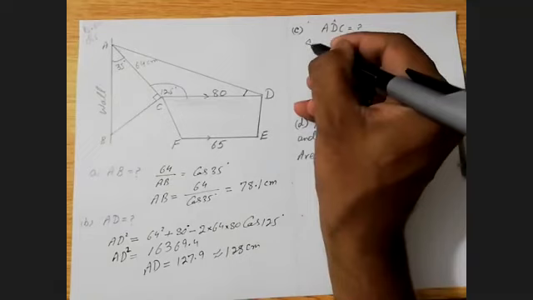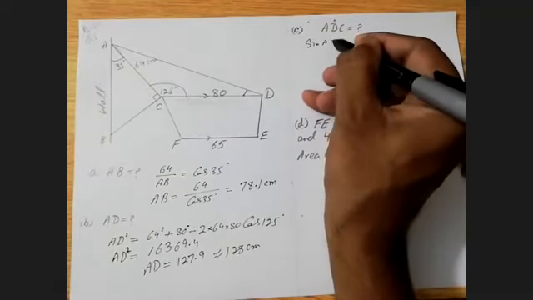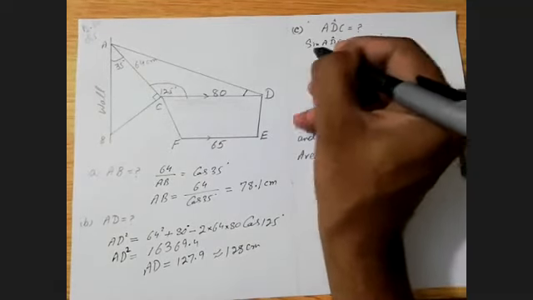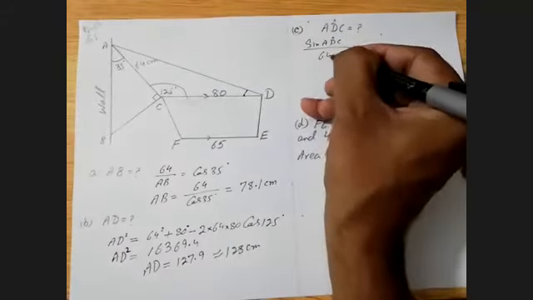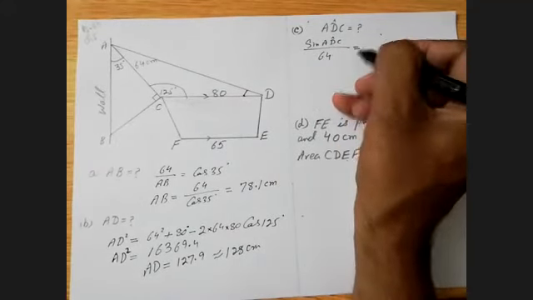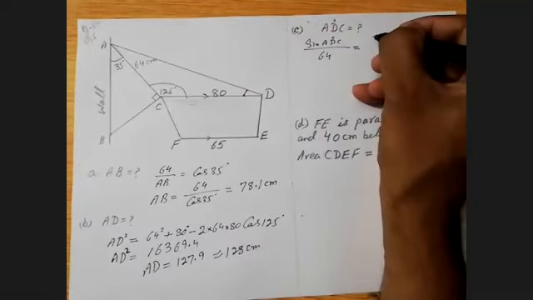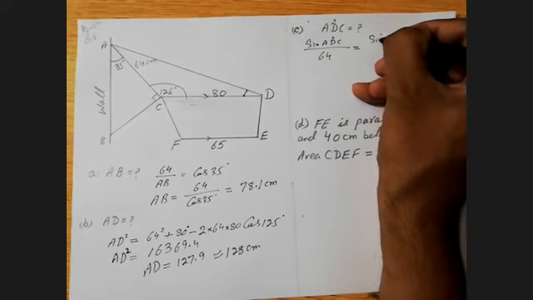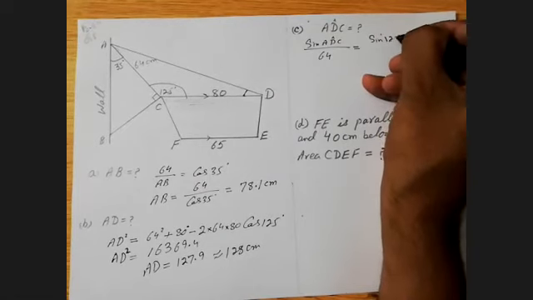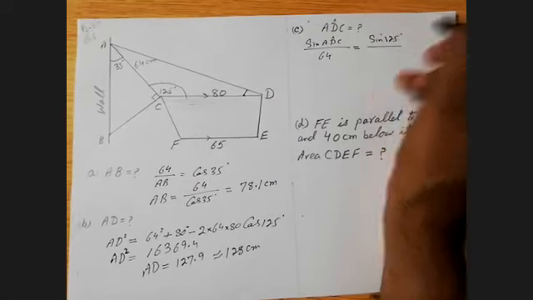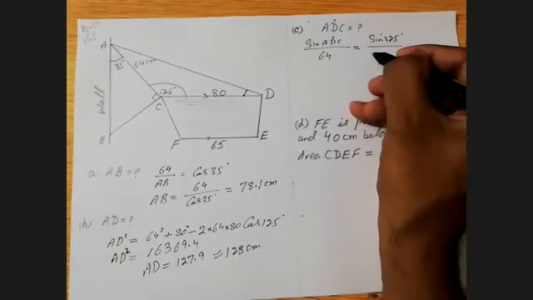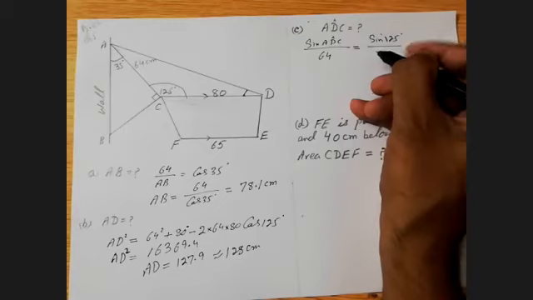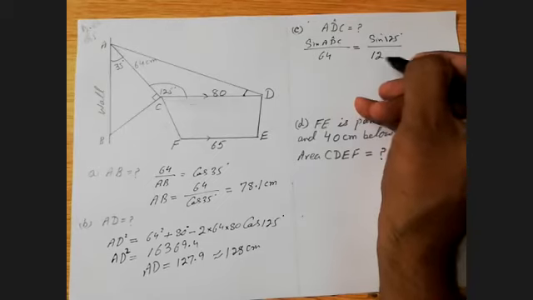So sine of ADC over the side 64 is equal to sine 125 over this side AD, because you have already calculated the side AD, which is 128.